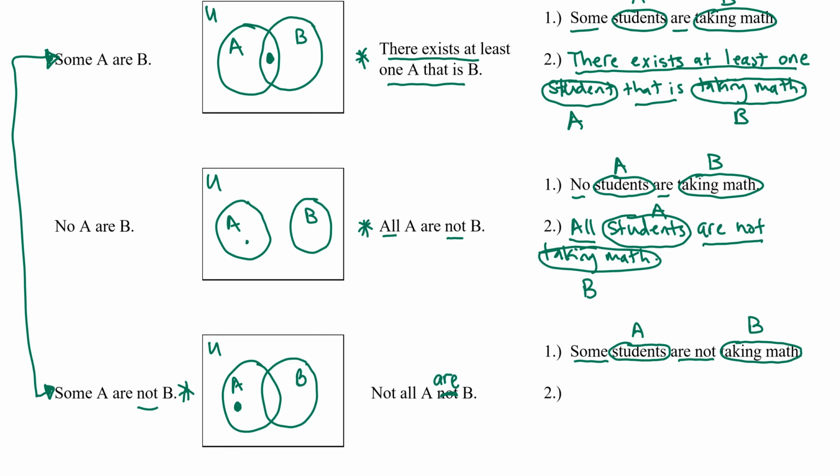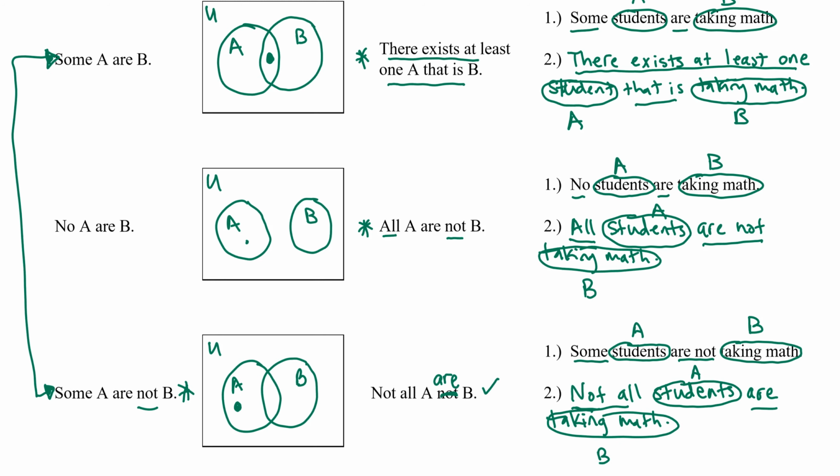That's B. And we're going to re-express that using this pattern: not all A, that's not all students, are B, taking math. So not all A, not all students, are taking math.